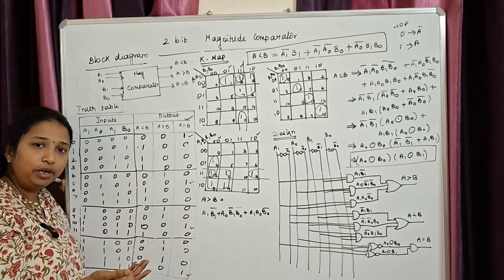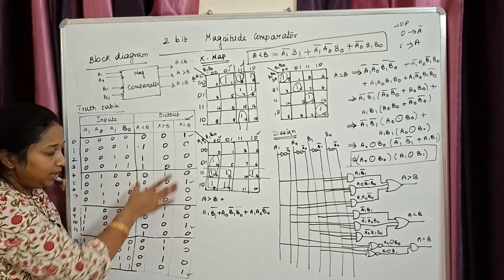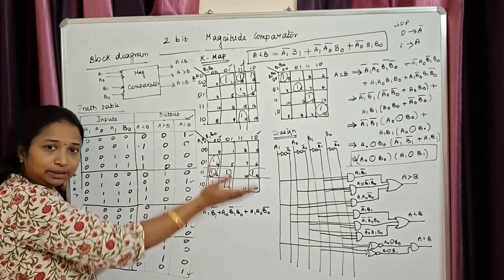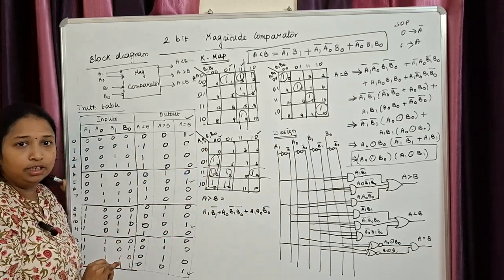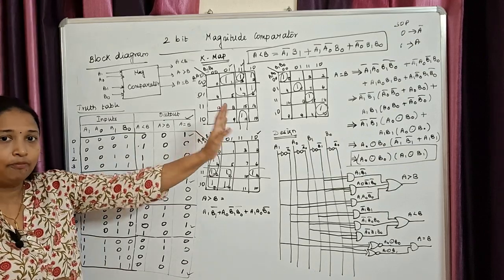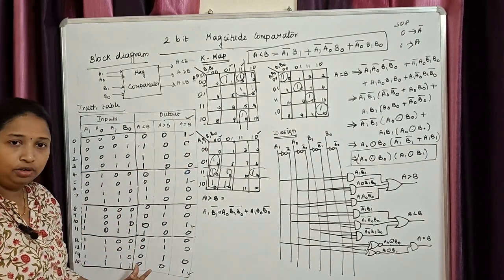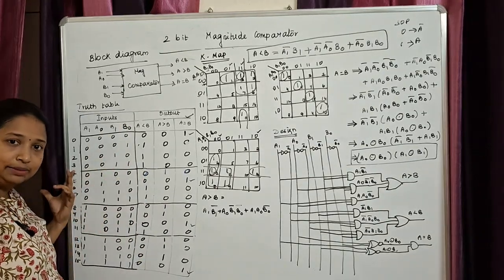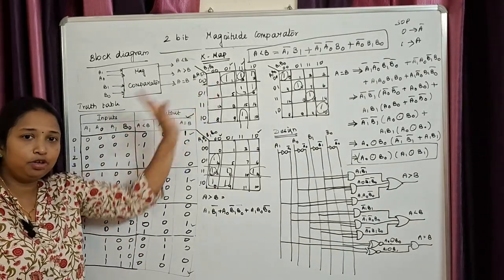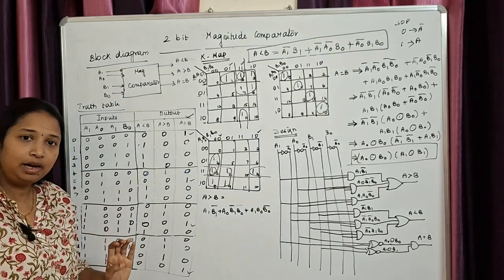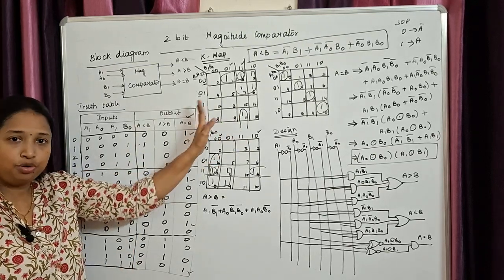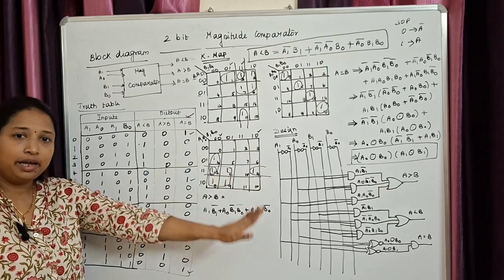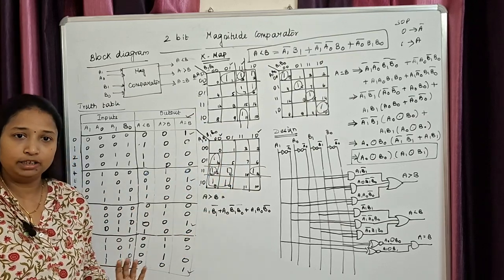But how do you find the Boolean expression? For that, you will be taking your output to your K-map, do the simplification and then you will be finding a Boolean expression. For taking it to the K-map, what you have to do? You have to take your output. Wherever you are finding 1 in your output, check for the corresponding decimal number, and against that particular decimal number, you'll be mentioning 1 in your K-map. Clear? After positioning the numbers, you do a mapping, take out the common terms, write the minterms, and then you'll be finding a Boolean expression.